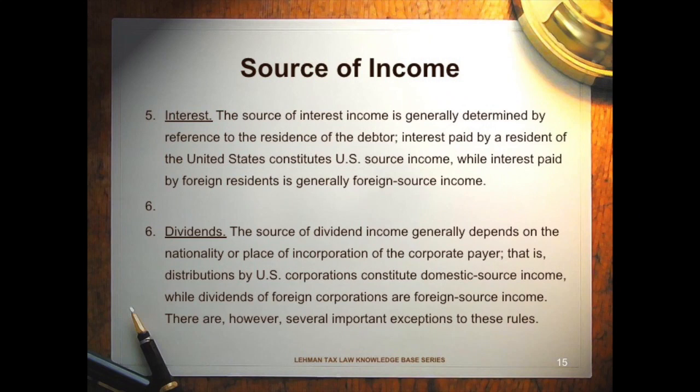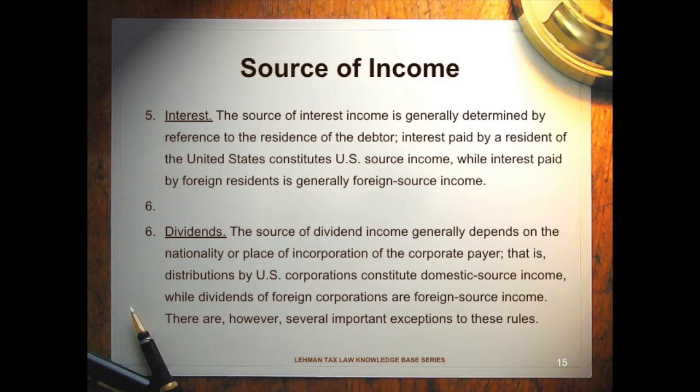Interest income. Interest income is U.S. source income if the debtor is a United States debtor. Typically, interest paid by foreign residents is foreign source income. The same goes with dividends. Dividends paid by U.S. corporations are going to be U.S. source income.